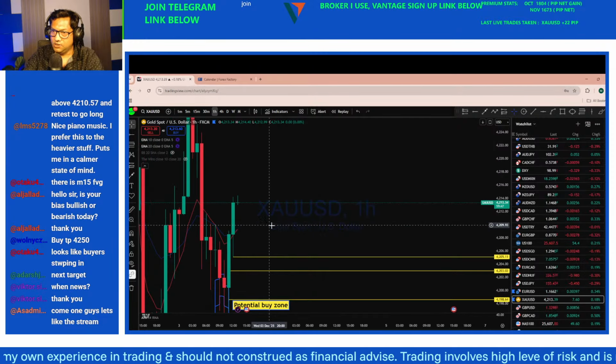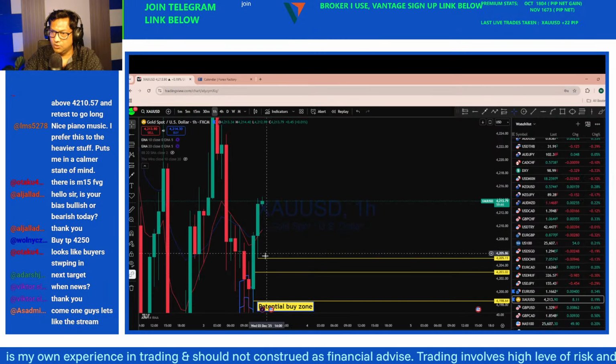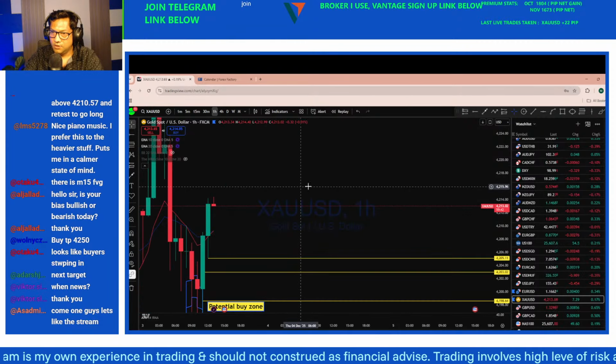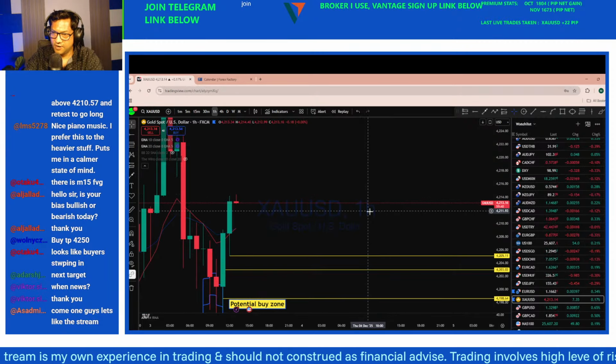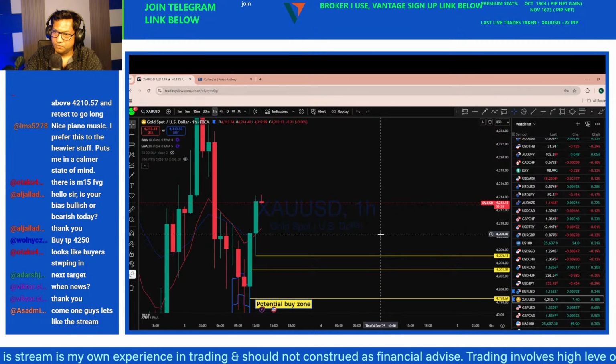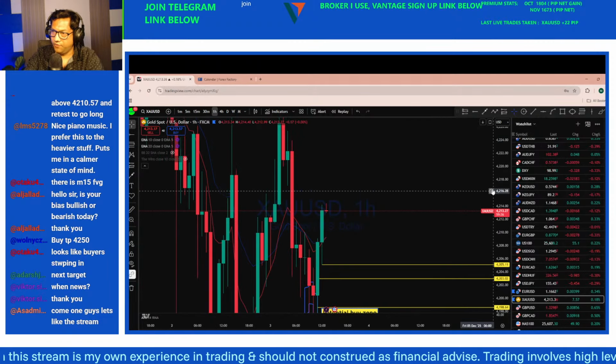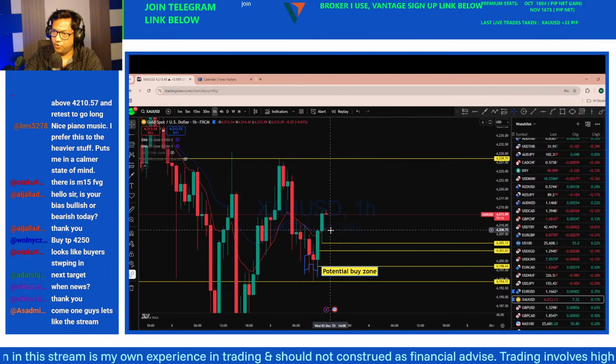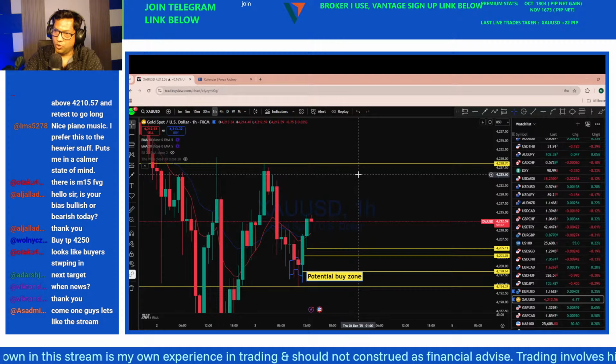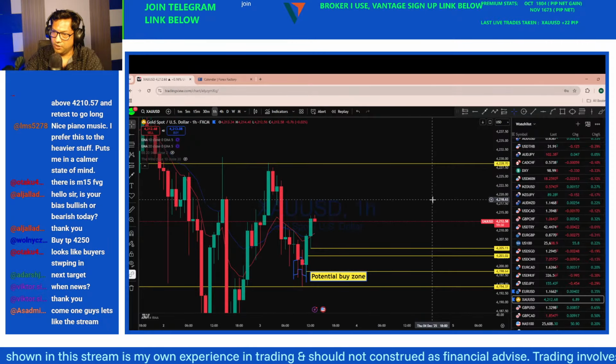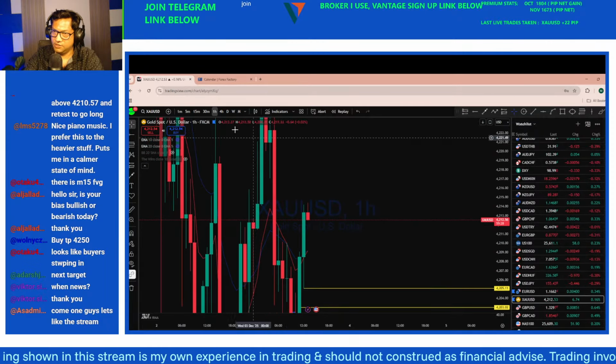Now this 1 hour candle close that you can see is a full green bullish candlestick, and with the data, if it drops down for a pullback, we are looking at a possible buying opportunity back to the upside in this market.